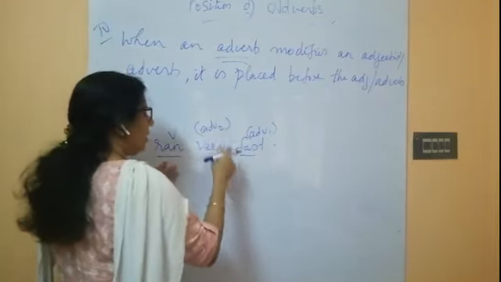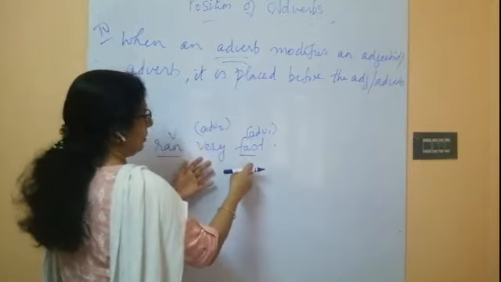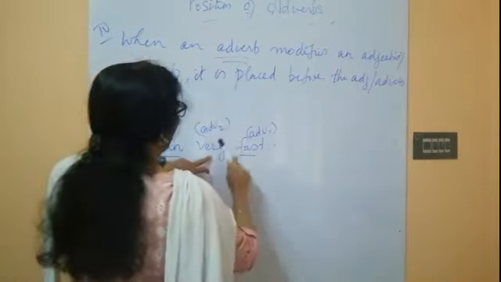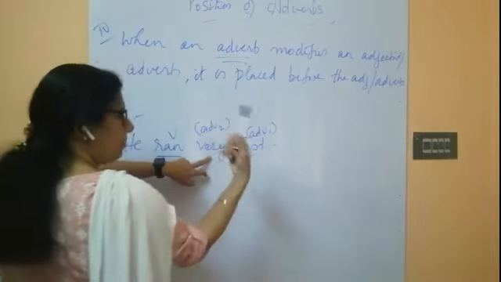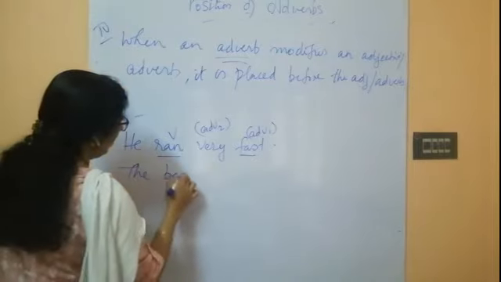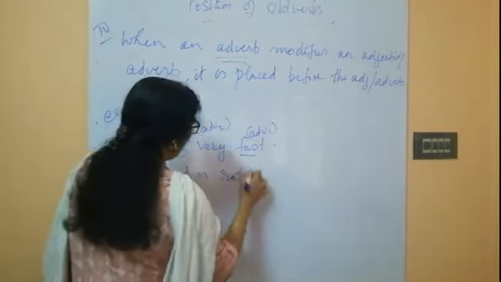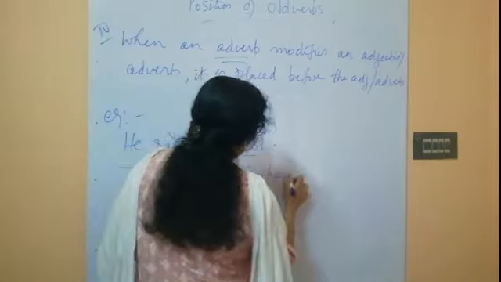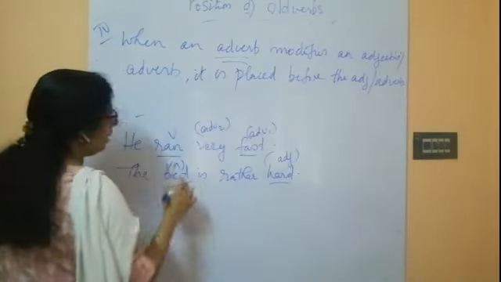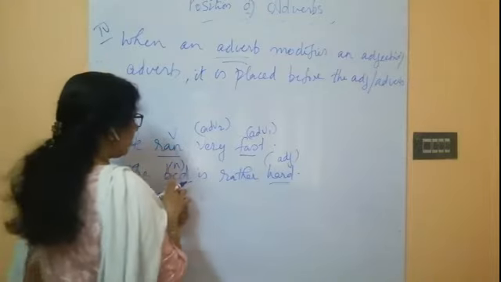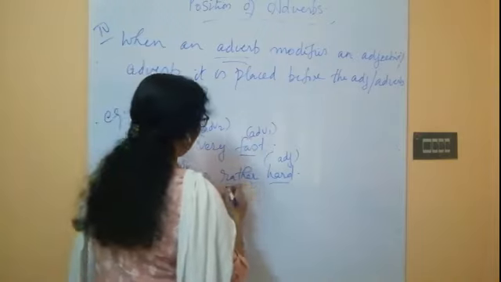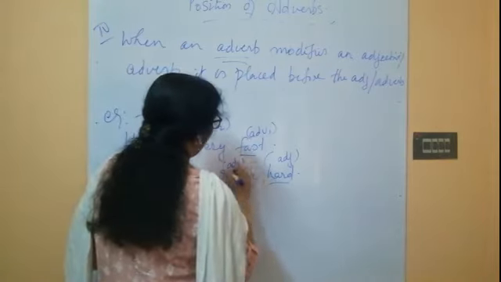How fast did he run? He ran very fast. Okay, so this adverb will be placed before if it is modifying this adverb, or if it is an adjective. The bed is rather hard. So hard, we know that this is an adjective and bed is a noun. Okay, so this is a noun and this is an adjective which qualifies this noun, and this one is an adverb which qualifies this adjective.